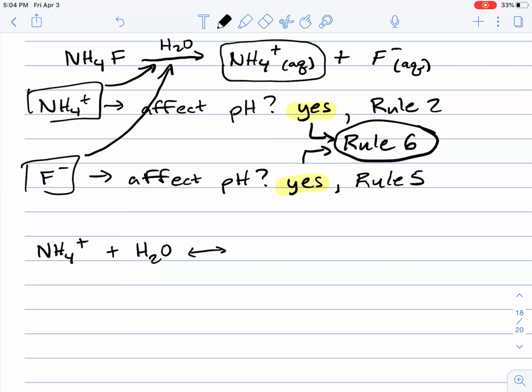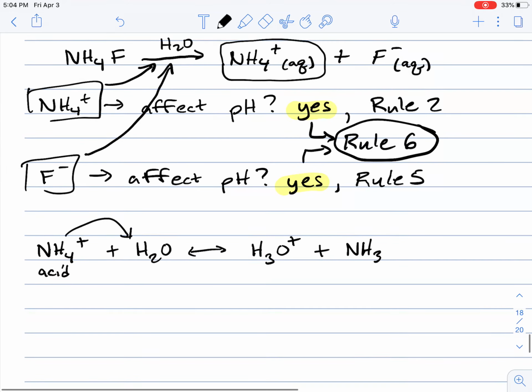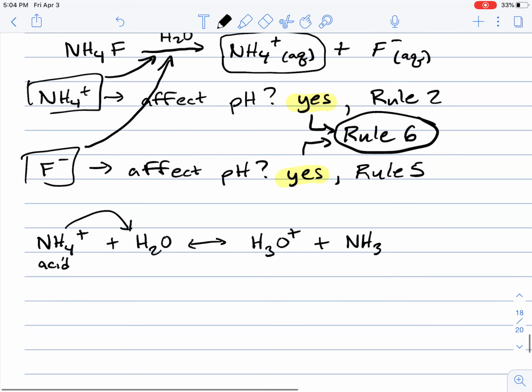Now remember, this guy is going to act as our acid, and so one proton is going to be transferred from NH4+ to H2O, forming H3O+. And the remaining substance is going to be NH3. So that's the conjugate base. And so we're using the Bronsted definition. Okay, cool.